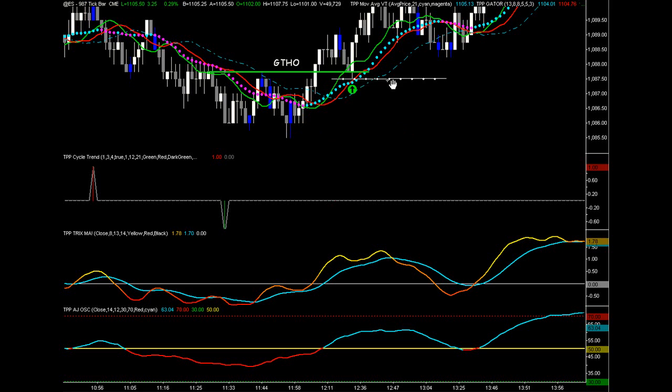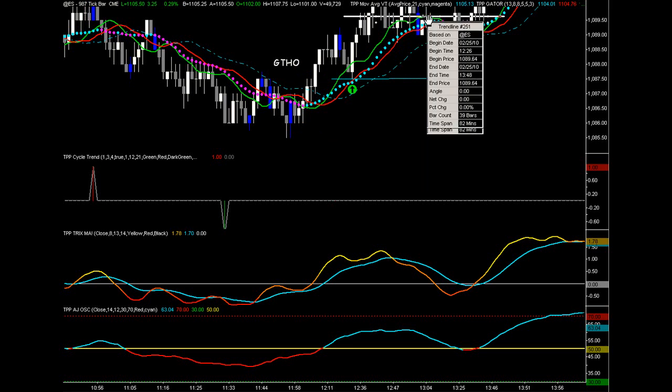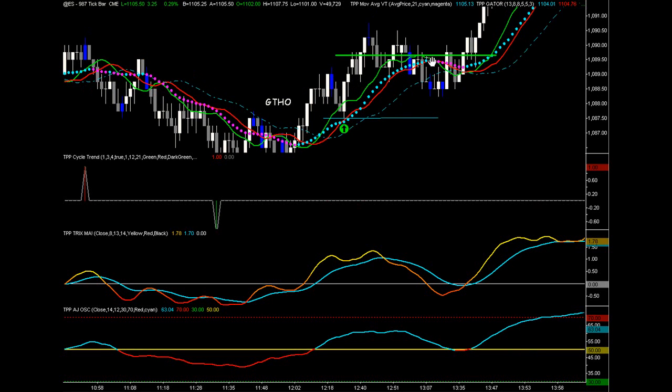Once you take out the next swing, guess what? You can move the stop up, okay? And once you take out this area, you can move the stop to here. So basically, you keep them here. The odds of you taking out a swing low after you've taken out a swing high are almost slim and none in a trend, okay?